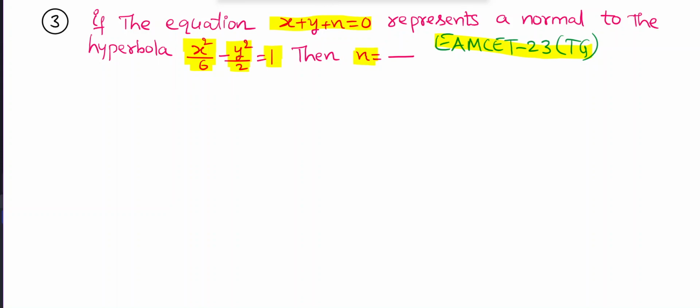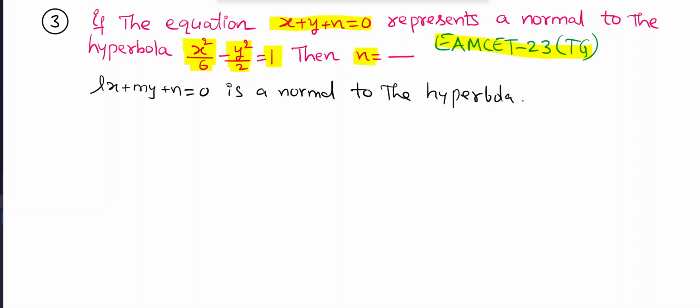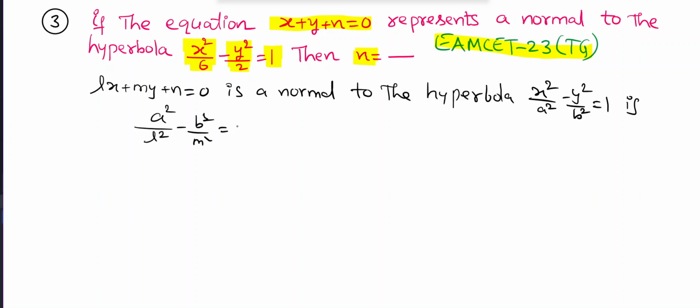We know that lx + my + n = 0 is a normal to the hyperbola x²/a² − y²/b² = 1 if a²/l² − b²/m² = (a² + b²)²/n². This is the condition for normality.